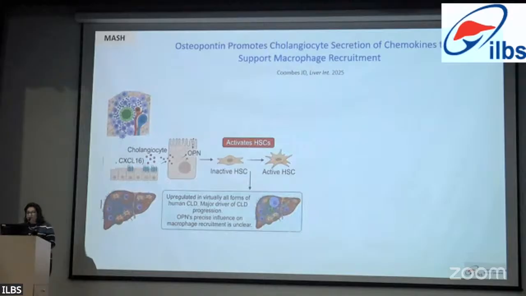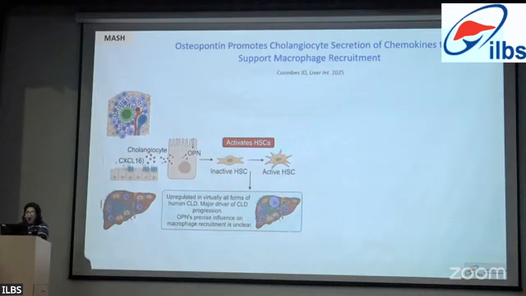The other molecule is osteopontin, which has already been identified as released from the cholangiocytes and acts as a chemokine for macrophage recruitment. So other than the battery of chemokines I mentioned earlier in my slide, osteopontin also plays a huge role.